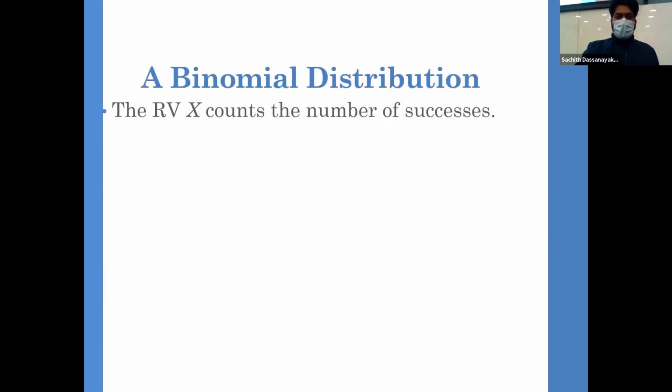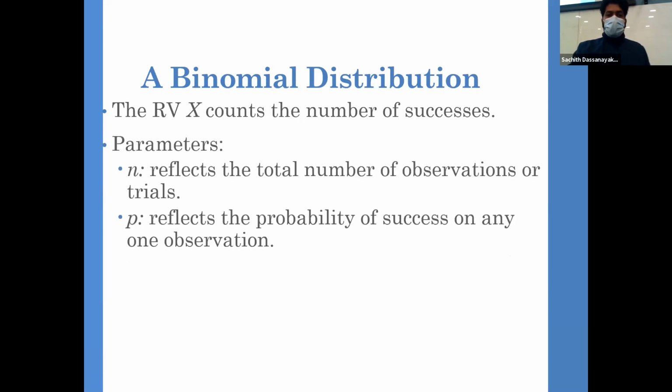Okay, let's see how we define the binomial distribution. Simple n means number of observations. Simple p denotes the success probability. Clear? So again, random variable X counts the number of successes. In the binomial distribution, the random variable capital X considers the number of successes.